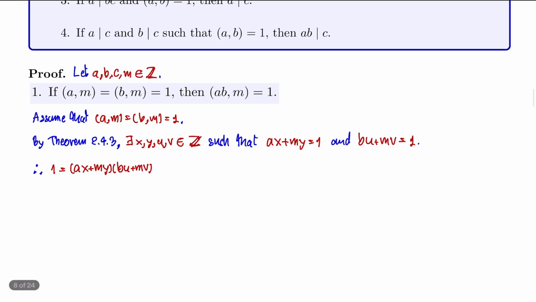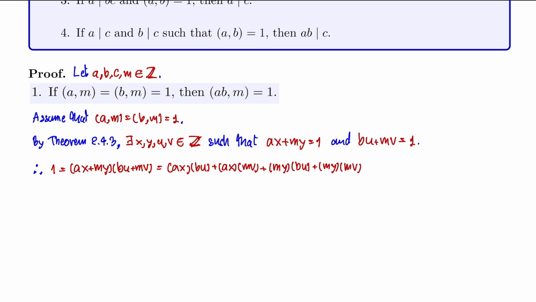Okay, so what do we have right here? We have axbu plus axmv plus mybu plus mymv.